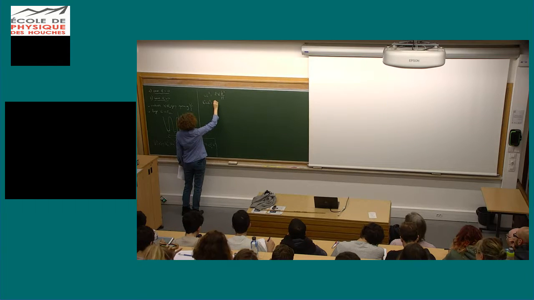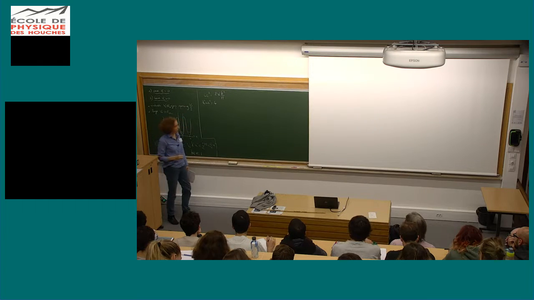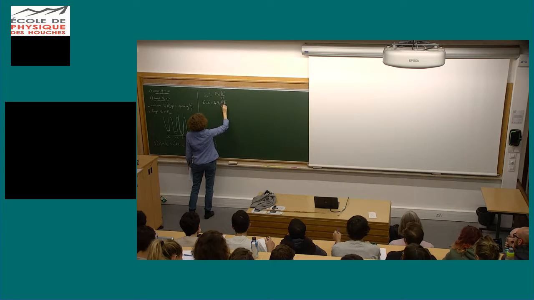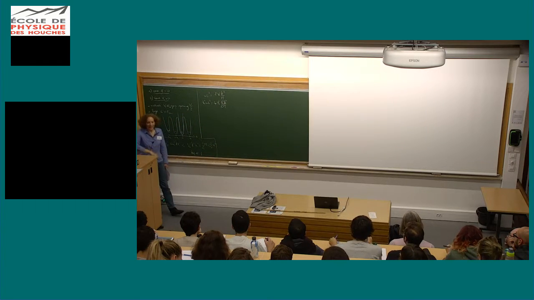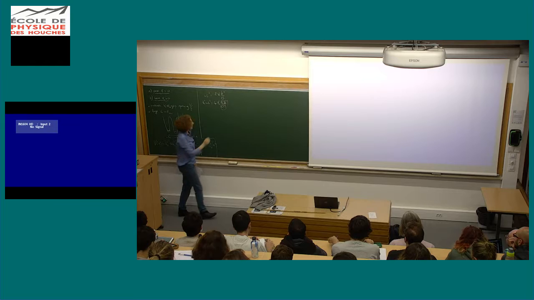And I will write that 2 is nothing but 4 divided by 2. I hope you agree. And what I can see is that this guy here, I know, this is a recoil energy.